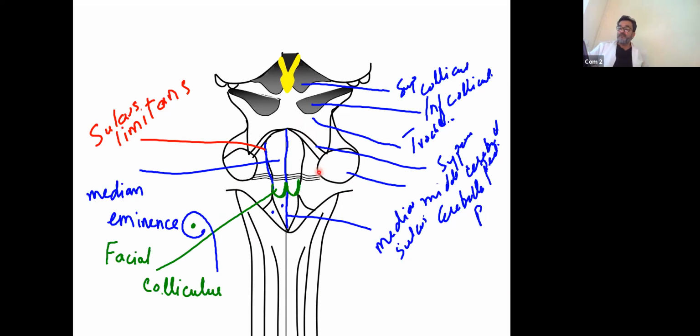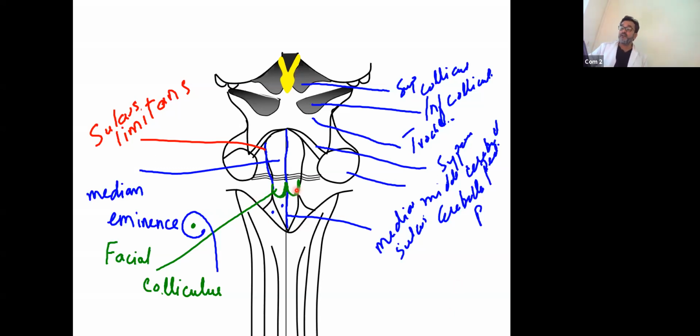Now, in the floor of the fourth ventricle, you would have the median sulcus in the center. So what you are seeing, this is the median sulcus. And this elevation on the side of the median sulcus is called median eminence. So there is a median sulcus in the center, and on each side of it you have two eminences, which are called median eminences.